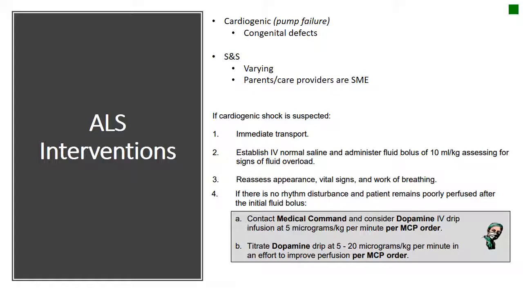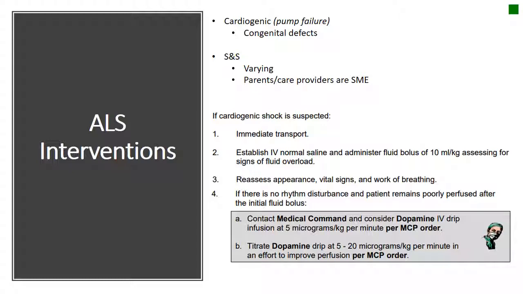Those parents or the care providers are going to be the subject matter expert, so consult with them to see what their history is. Generally, they're going to be the experts and know the kind of treatment that generally resolves any time there's an exacerbation of this child's illness. So immediate transport with them, get them to the appropriate facility that can handle those bad pediatric hearts.